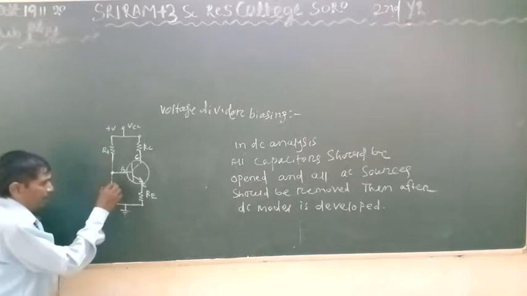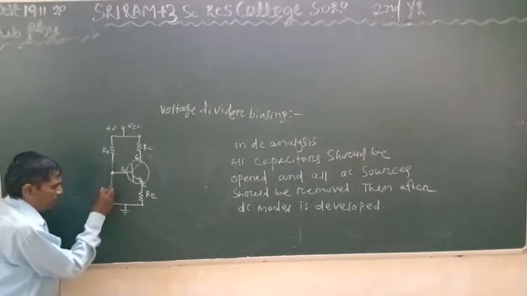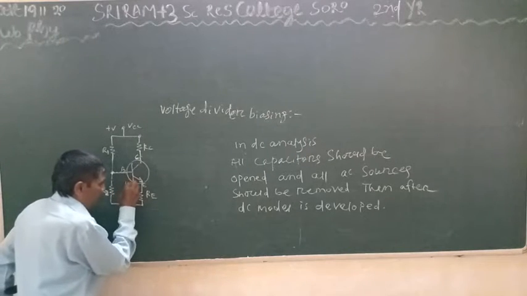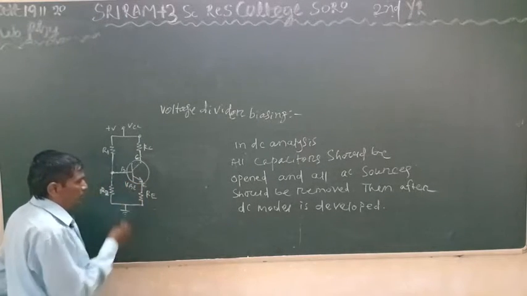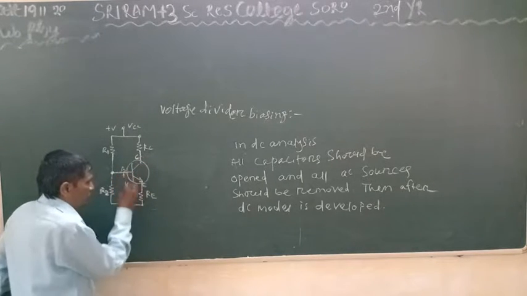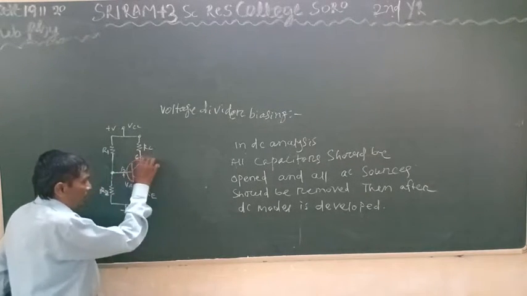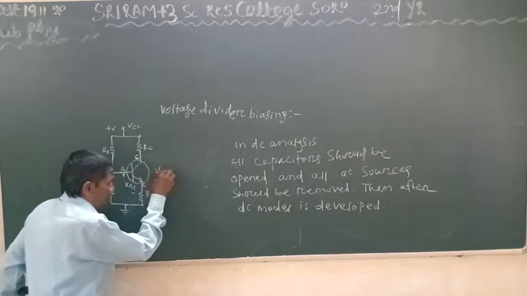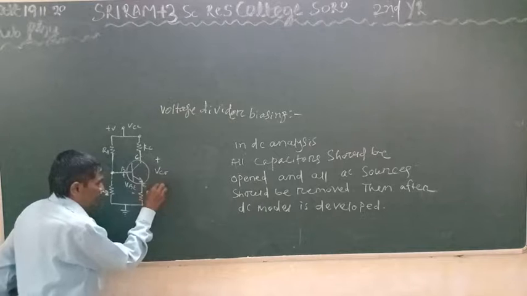Now we consider the base emitter junction, that is VBE, the voltage across the base emitter junction, with positive and negative. In the collector to emitter junction, this is VCE, with positive and negative.